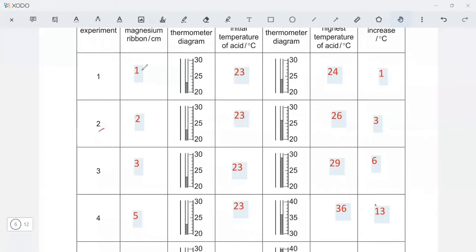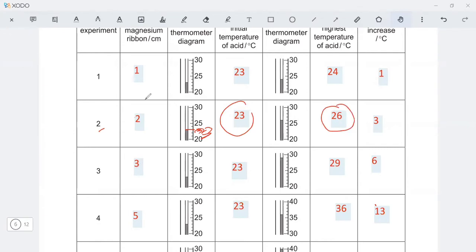Now here, experiment 2, the magnesium ribbon is 2 centimeters, and the thermometer diagram's reading is about 23, right? So this is 23, and here it's about 26, so write 26.